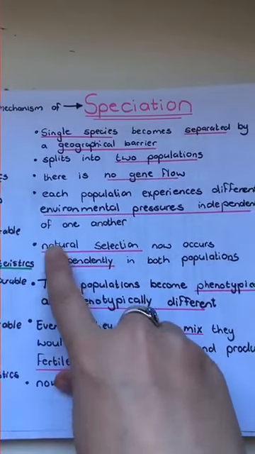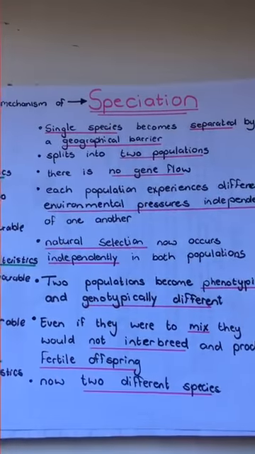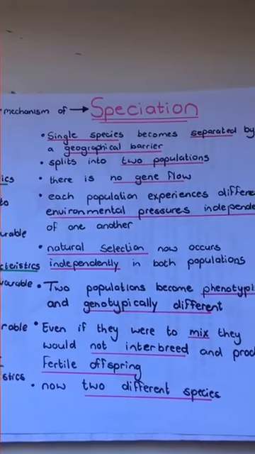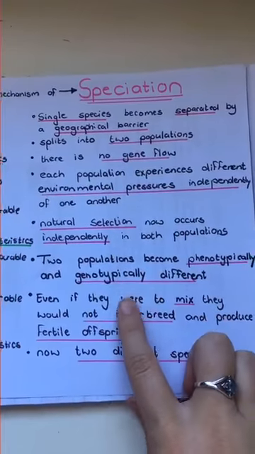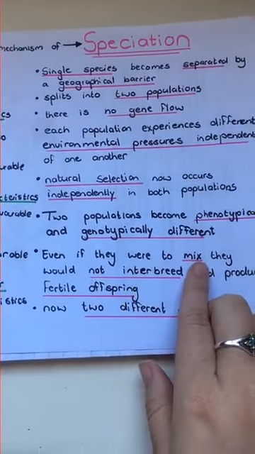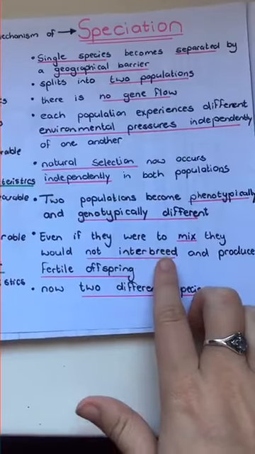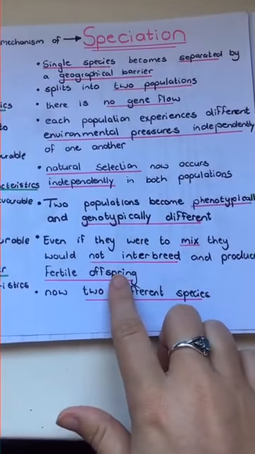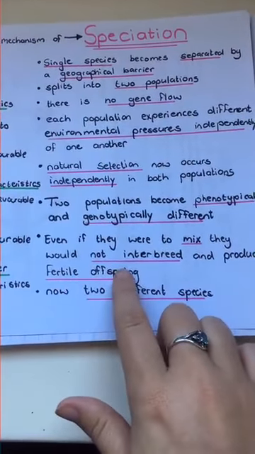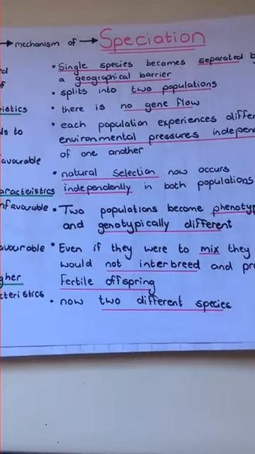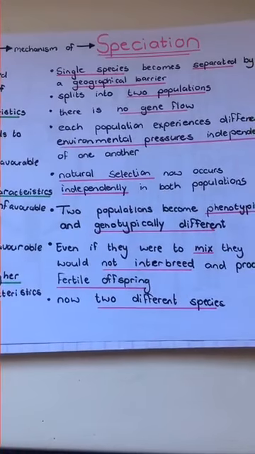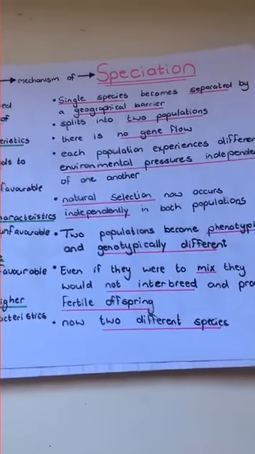This is the only time you will mention natural selection. It's literally just a point. Two populations become phenotypically and genotypically different, and even if they were to mix, they could not interbreed and produce fertile offspring. You have to say fertile offspring, otherwise they are the same species, and now two different species exist. Okay.